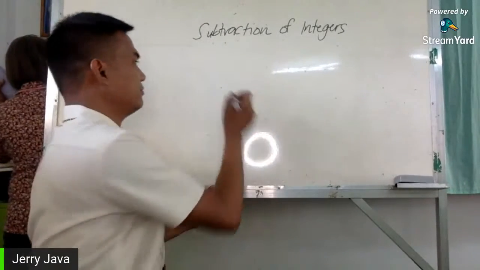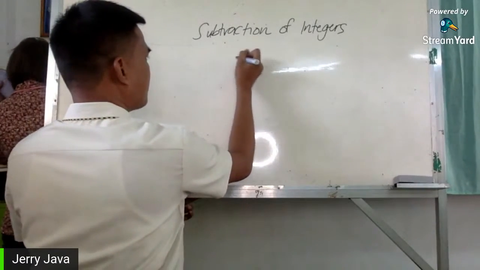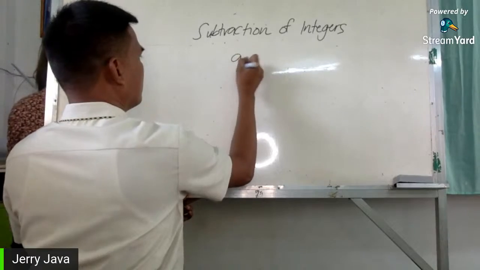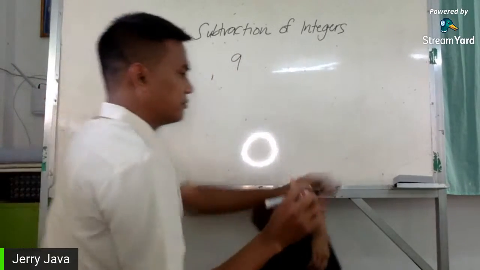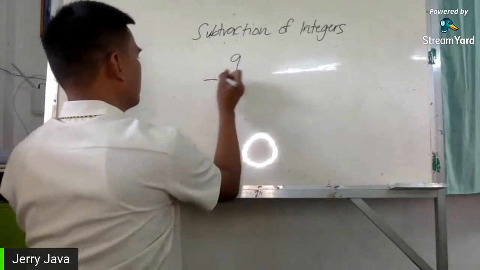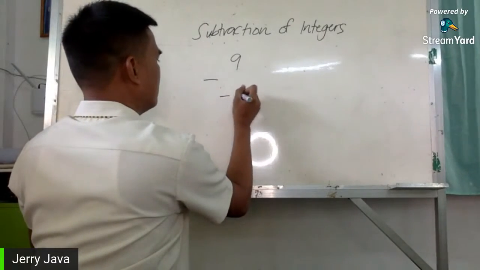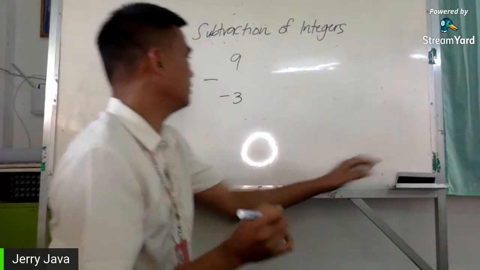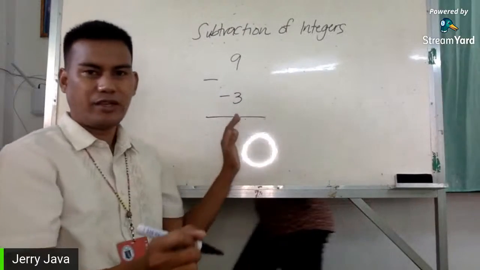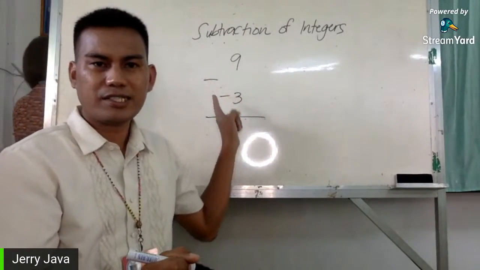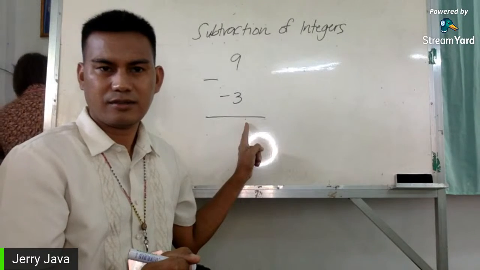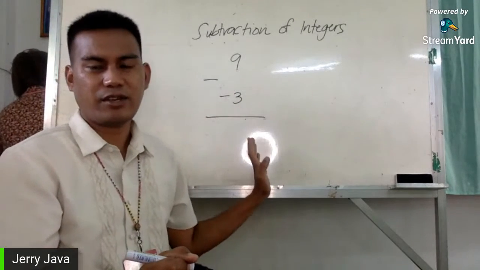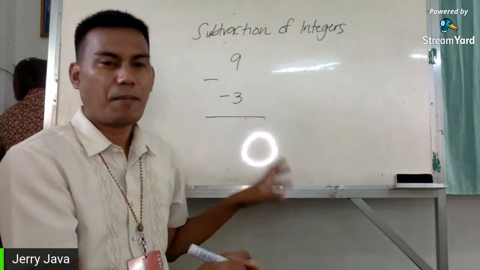Example, we have here 9 minus negative 3. Look at this one, okay?